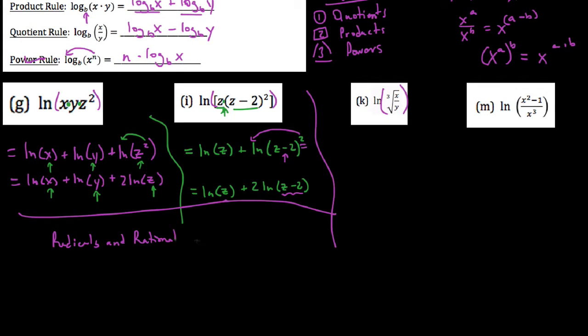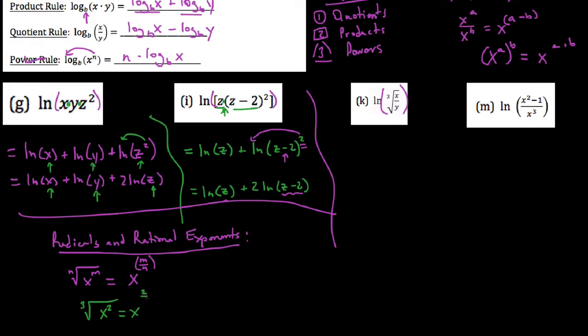I want to make sure that you have this written down somewhere, but it's going to be the expectation that if we ever get a radical, say we take the nth root of x to the mth power, we could actually rewrite this as x to the m over n power, where m is actually the power we're taking the inner stuff, or the radicand, to, and n is the root that we're taking here. So for instance, if I were to have something like x squared third root of this, that would be the same thing as x to the 2 over 3 power.